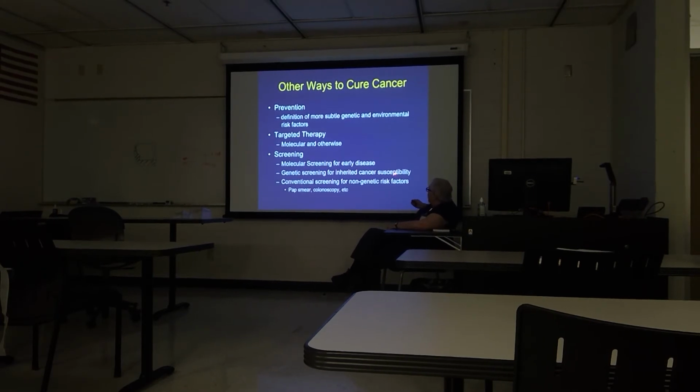Genetic screening for inherited cancer susceptibility. That's when you go to the geneticist and get your genetic profile. Or molecular screening for every disease. So conventional screening is what we're used to. Pap smear, colonoscopy, etc.